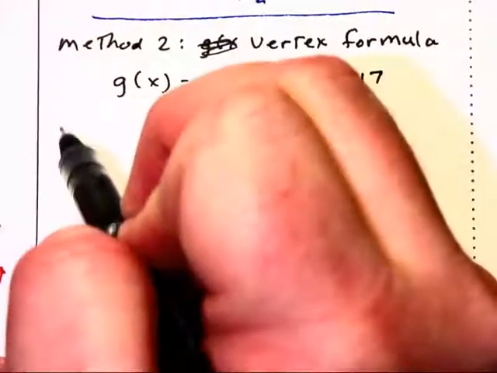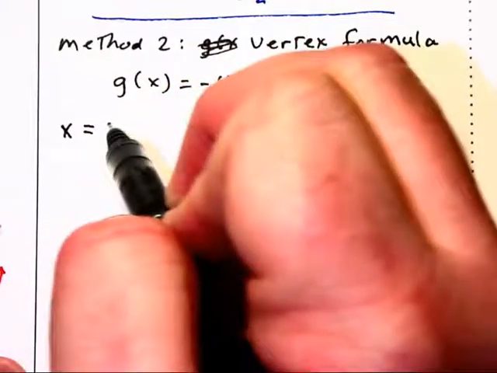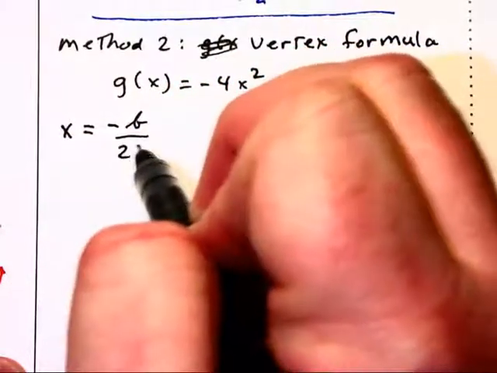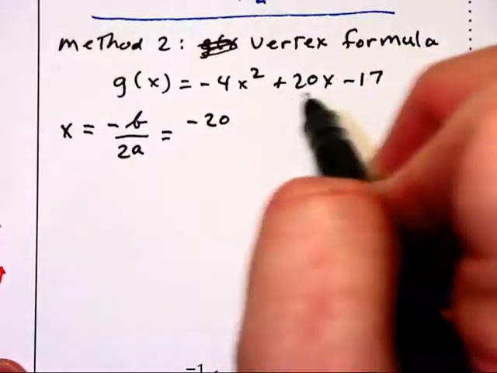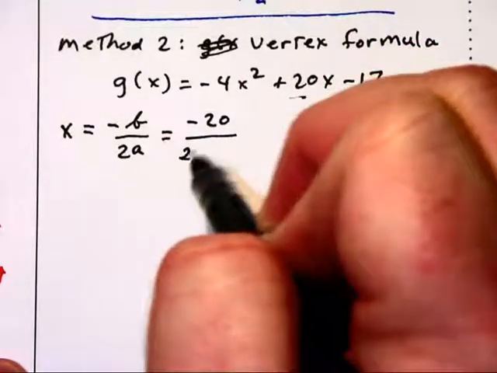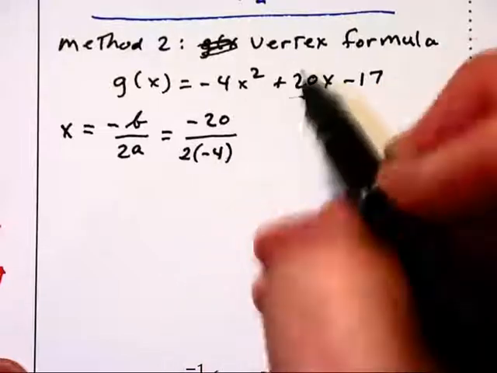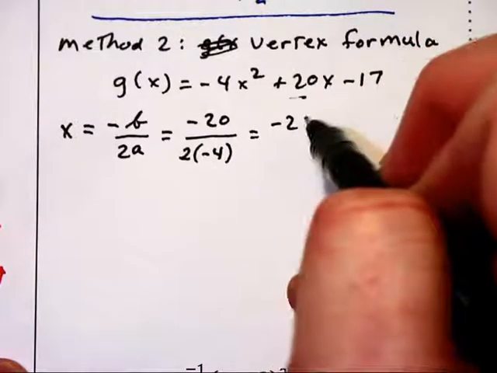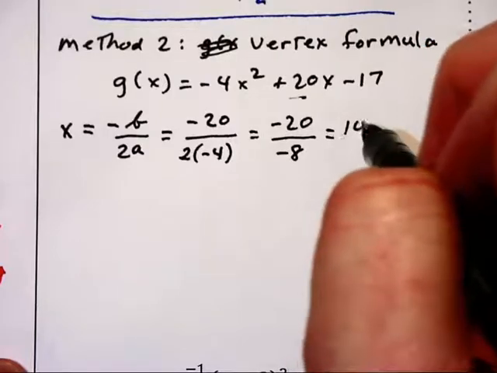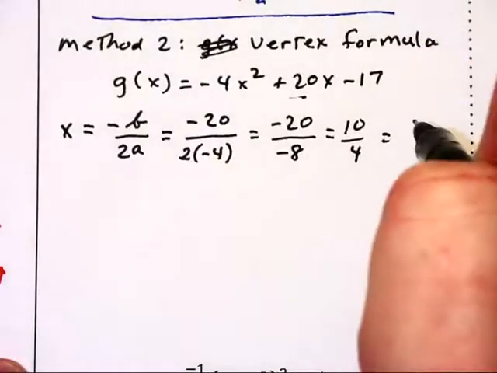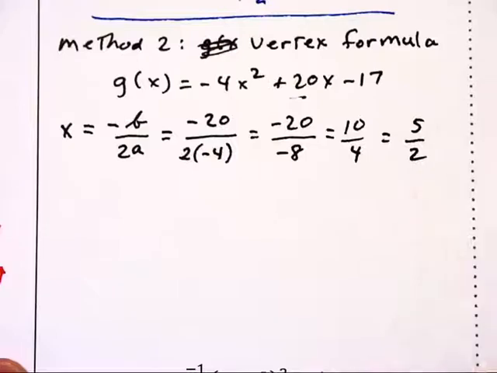Now, the x coordinate of our vertex will be -b over 2a, and that will be -20, that's our b, over 2 times -4. That will be -20 over -8, which reduces to 10/4, which reduces to 5/2.